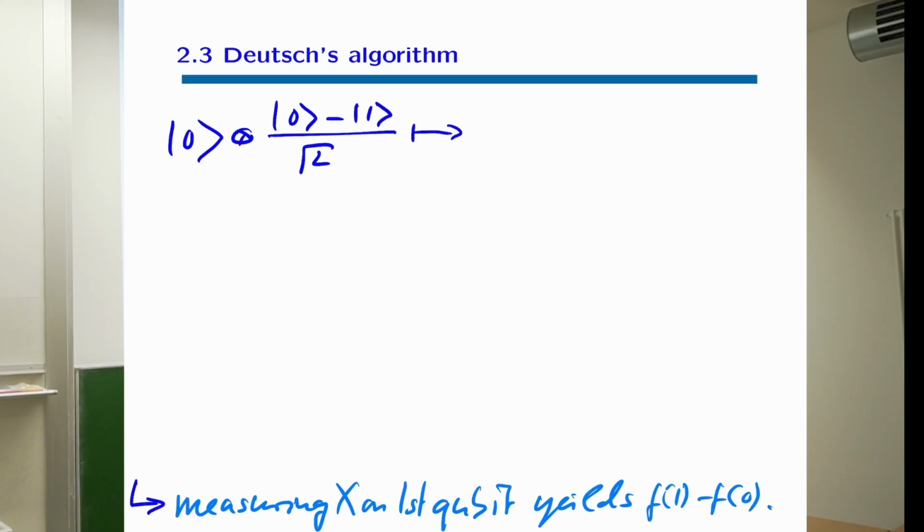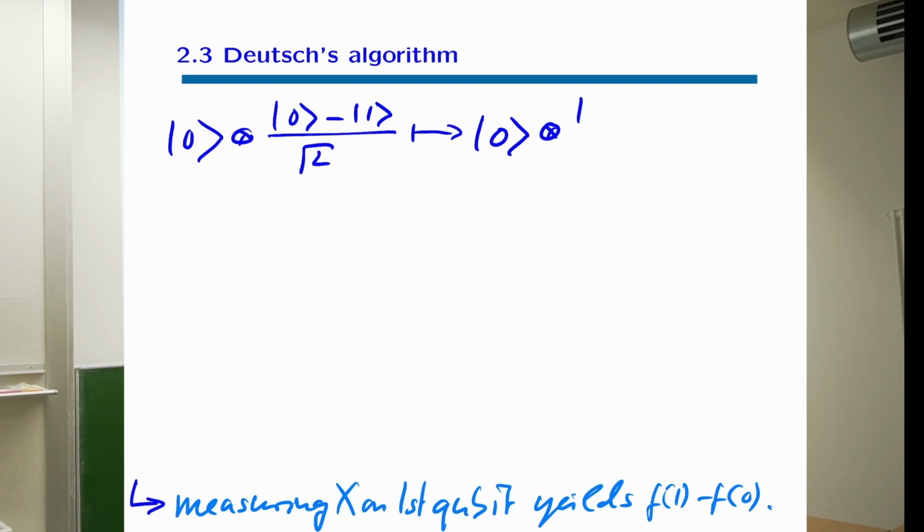So we are applying this oracle now. The first qubit stays the same. Okay, so the second qubit now gets the function value f of 0 added to it.